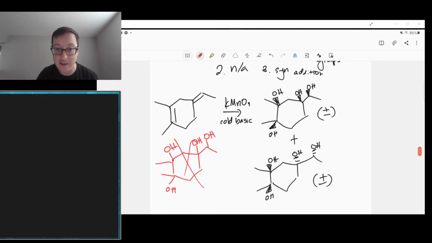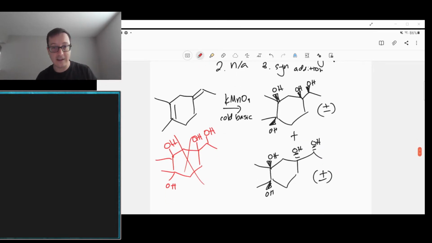Those are the 3 things you need to know. So I would expect on this, if I were to say, take this molecule and predict the products given this reaction, I would expect you to draw both of these things along with the plus minus to indicate that it's racemic. So on your homework, you should be doing this as well. Do not forget your stereochemistry.